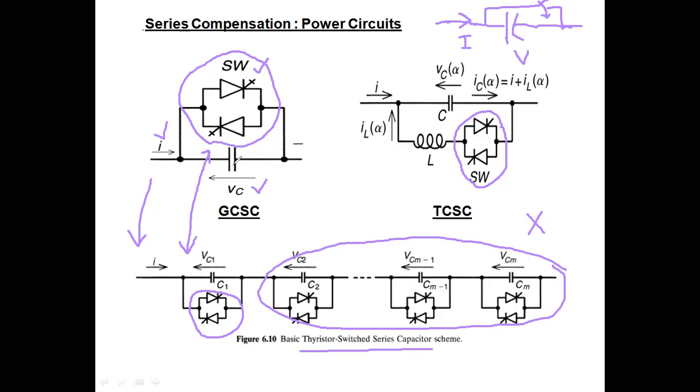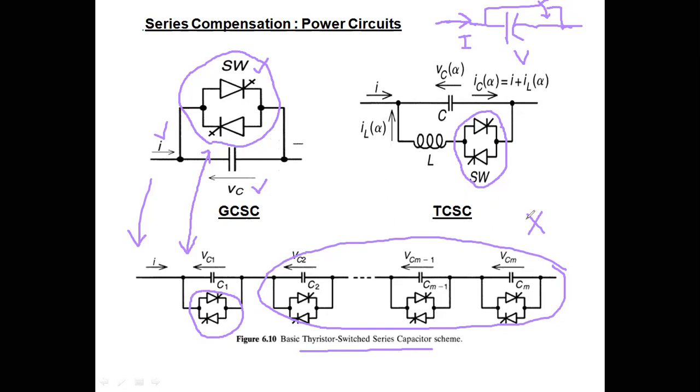Once you turn off, the capacitor is inserted. Once you turn on, the capacitor is bypassed. That is the advantage of GTO compared to thyristor. That's why it is not possible to control the voltage across the capacitor using the thyristor, because it doesn't have turn-off capability, whereas GTO has turn-off capability.